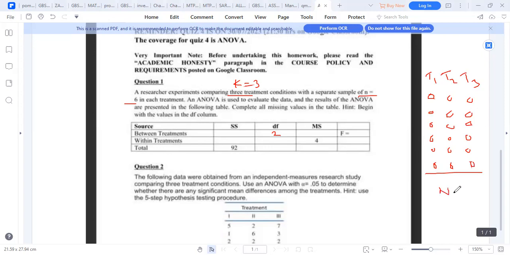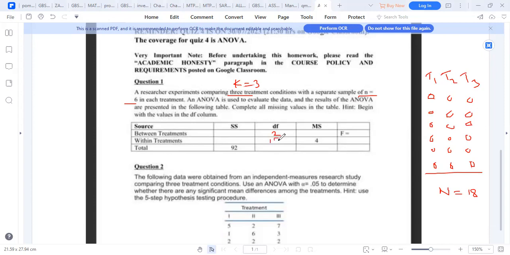What is our n? 18. So what are we going to put here if our n is 18? It's 18 minus 3, which is 15. The 15 will come here, n minus k.